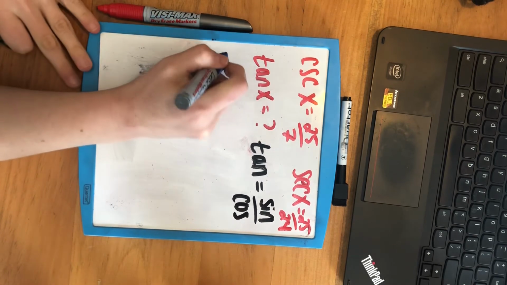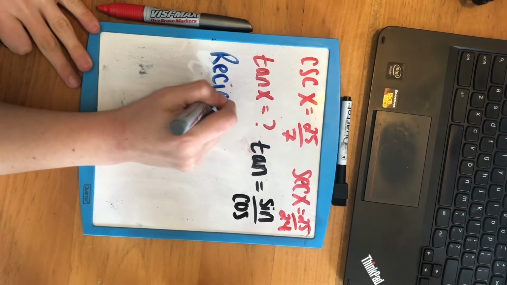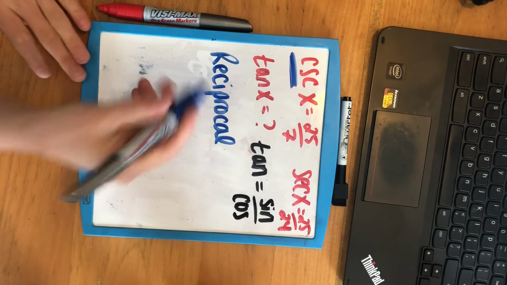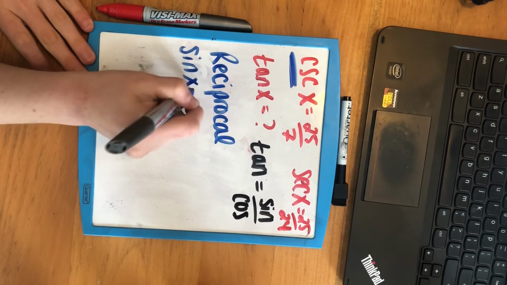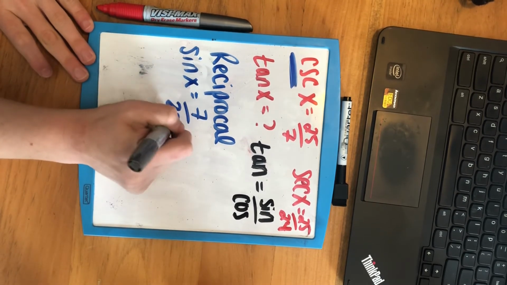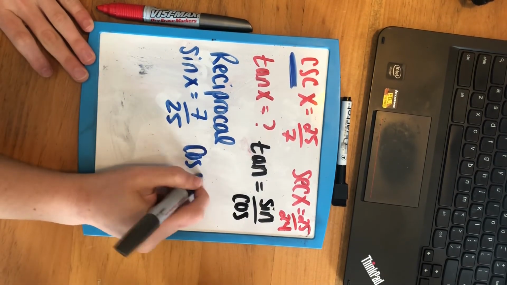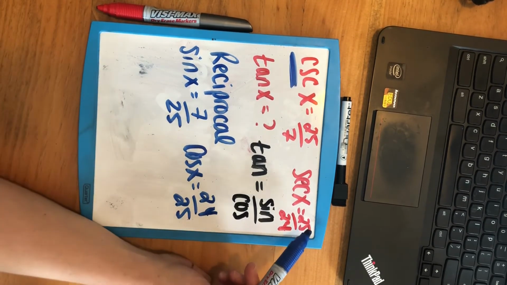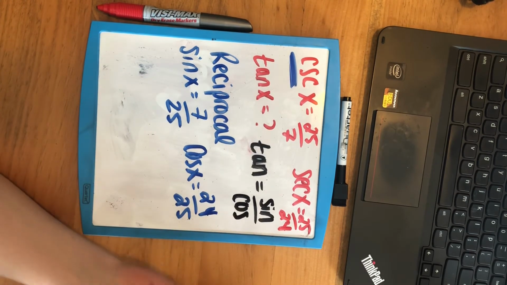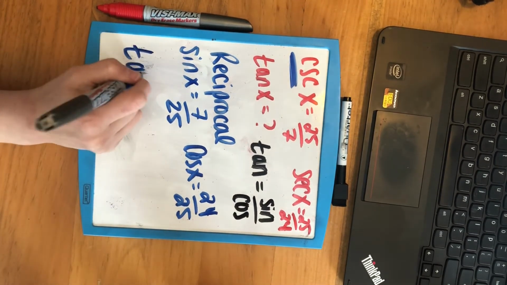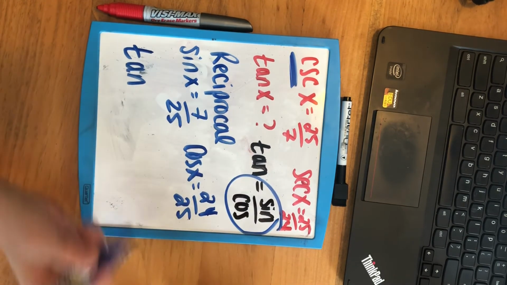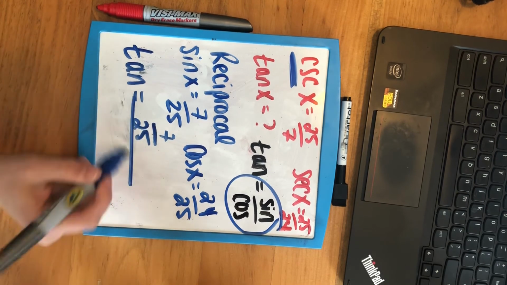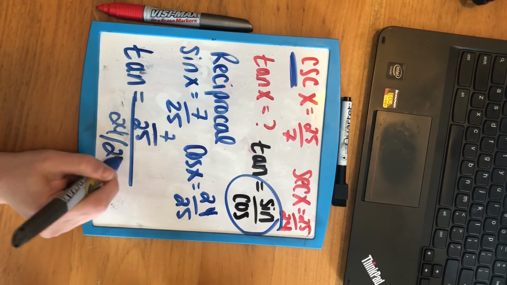So first we're going to use the reciprocal rule. Using that for cosecant, we now know that sine of x is equal to 7 over 25. And we know that cosine of x is equal to 24 over 25 because they're reciprocals of cosecant and secant. And now we just know that tangent is sine over cosine. So tangent is 7/25 all over 24/25.